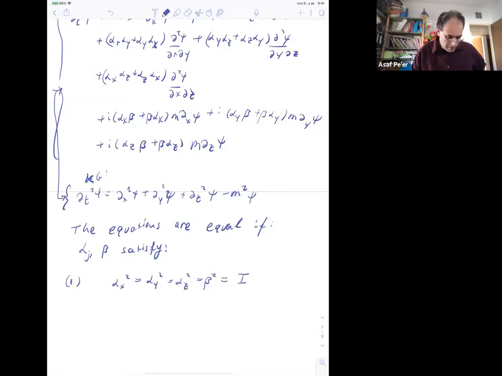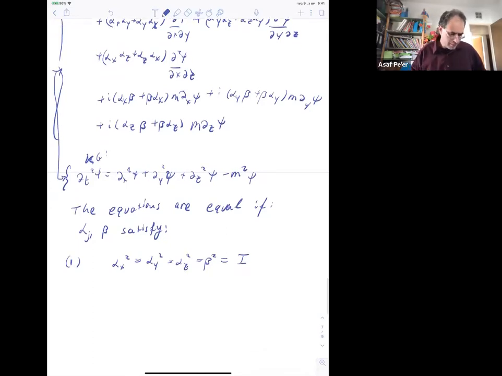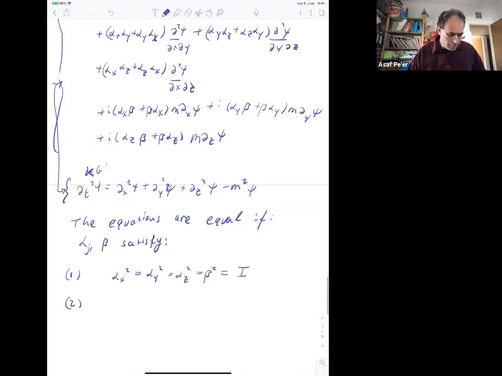Now I write it as an I because it's really a unity matrix. It's not just a number. We'll see that in a few minutes. And two, we need everything else to cancel out.